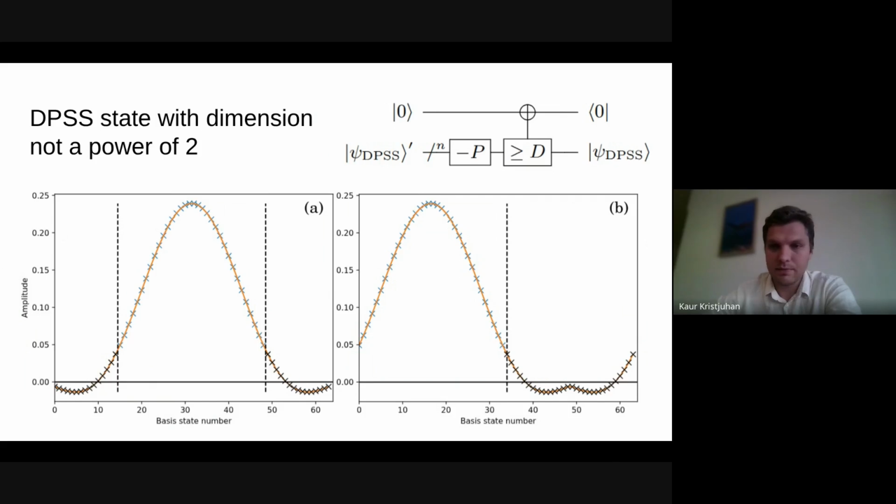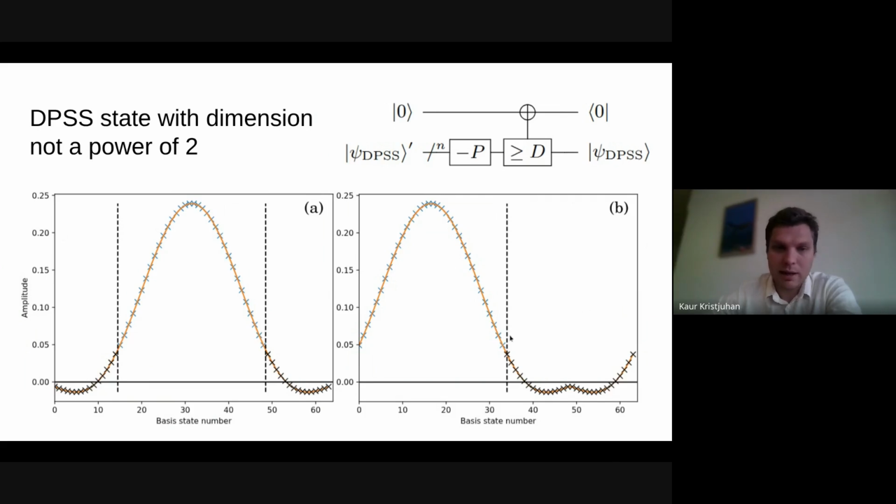And this is a viable approach because the success probability of this is actually very, very high. Typically, the success probability is going to be higher than the confidence level that you're aiming for.